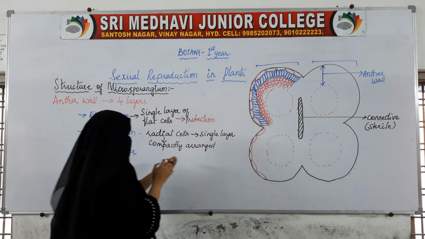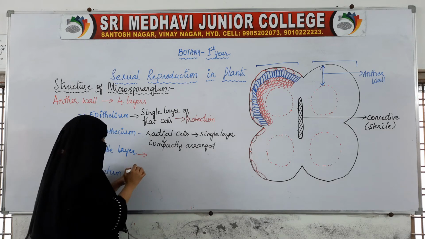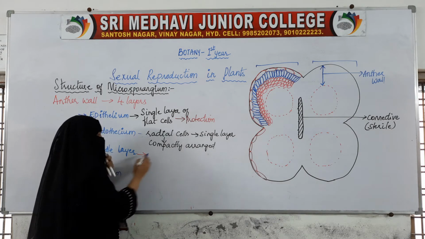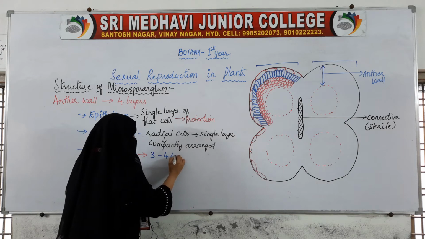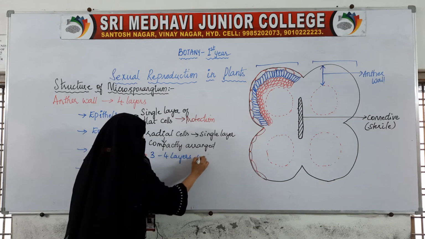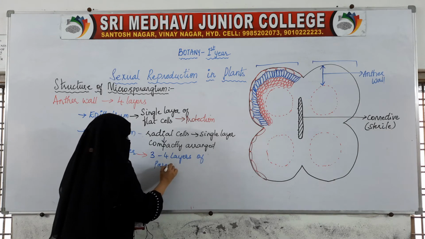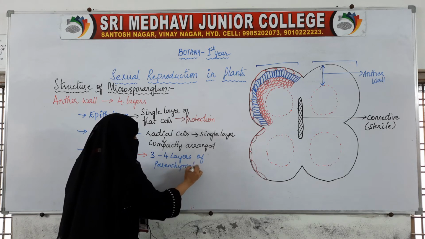So this middle layer consists of 3 to 4 layers of parenchymatous cells.